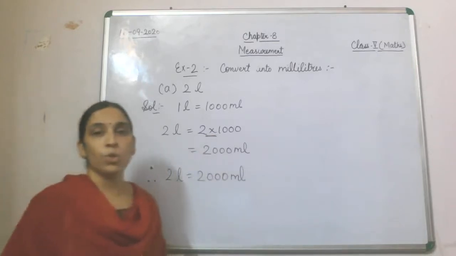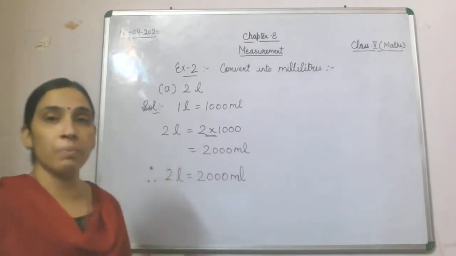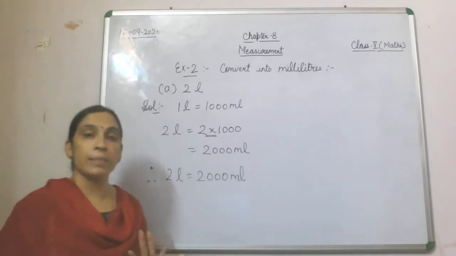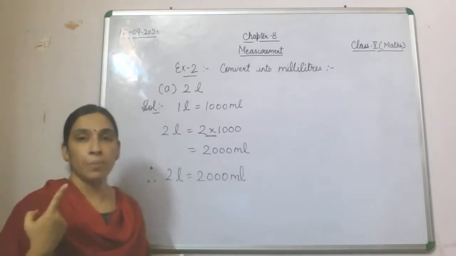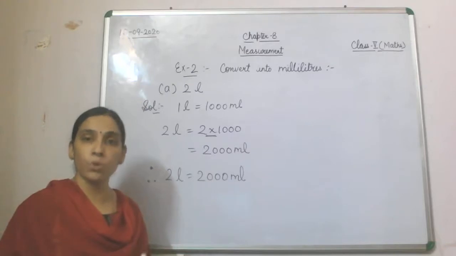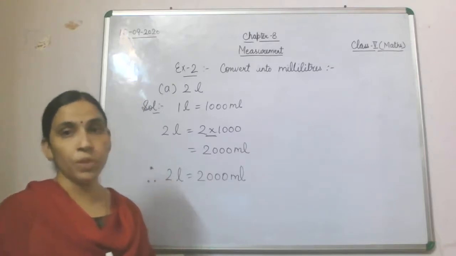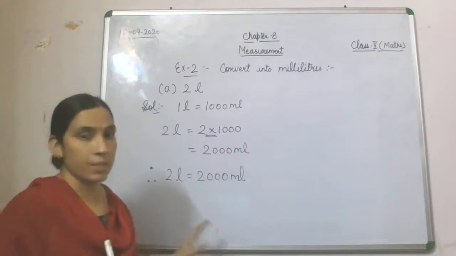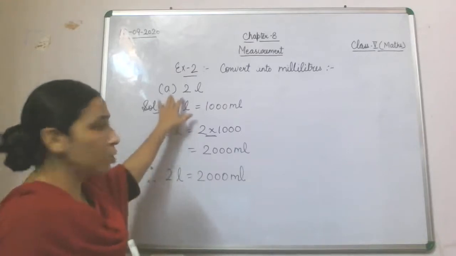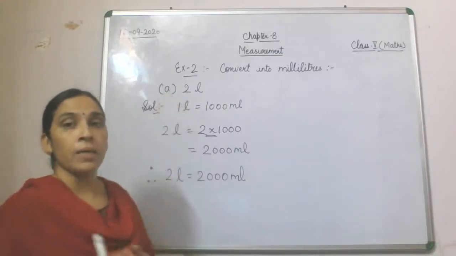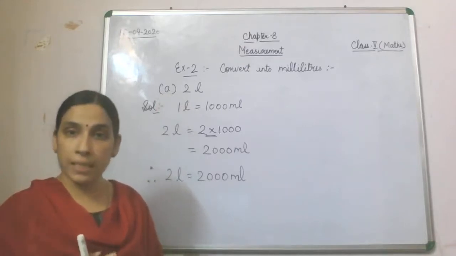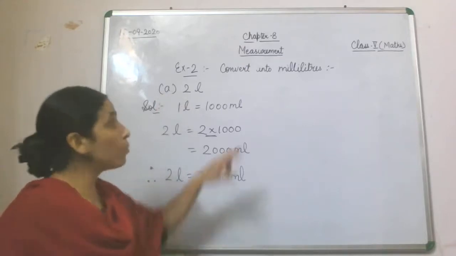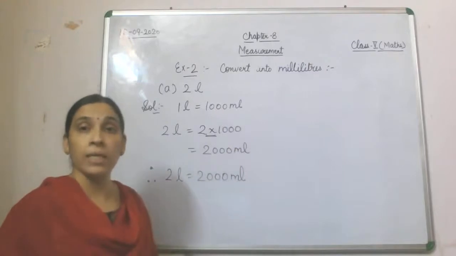Fine. So we'll revise the concept once again, that whenever a bigger unit is supposed to convert it into smaller unit, then you will do multiplication. See, in this question you have been given a bigger unit, that is liter, and liter is supposed to change into milliliter.